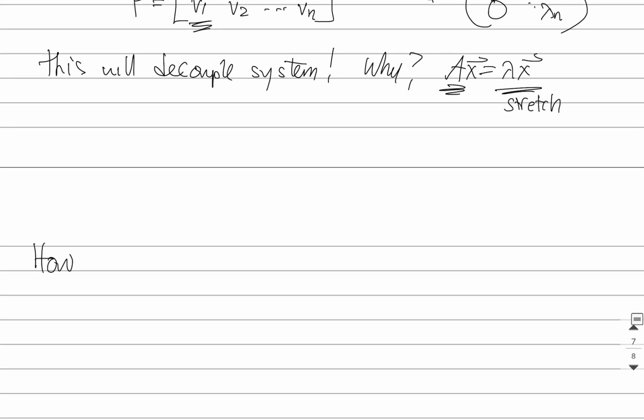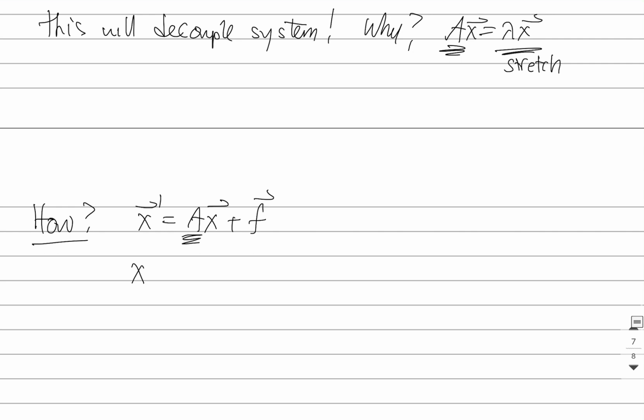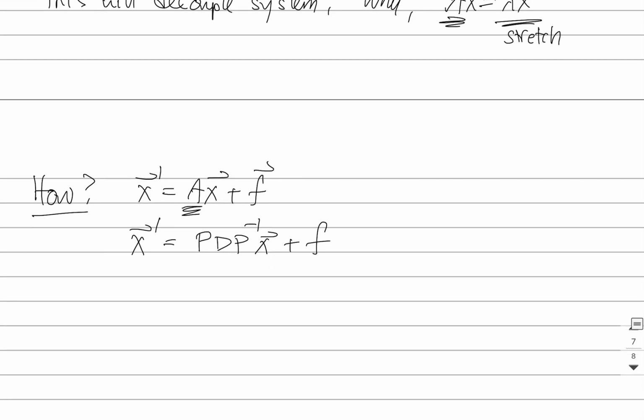Okay, well, how do we do this? We are going to take our linear system, and it has this form. And if our matrix can be diagonalized, we should be able to write it like this: P, D, P inverse times X plus F. So what we're going to do is multiply both sides of this system by P inverse, and we'll multiply it on the left.